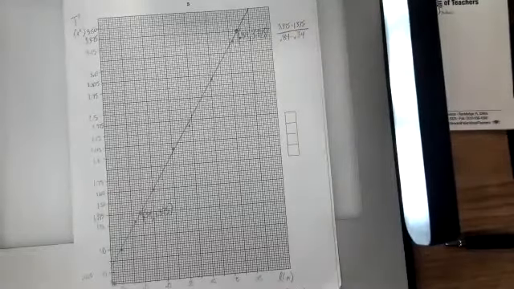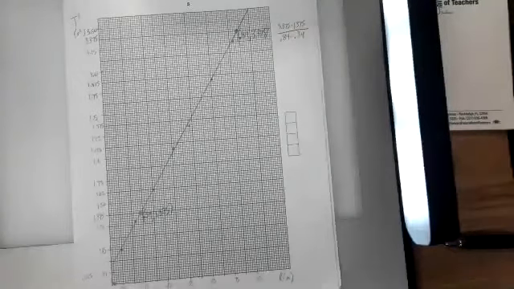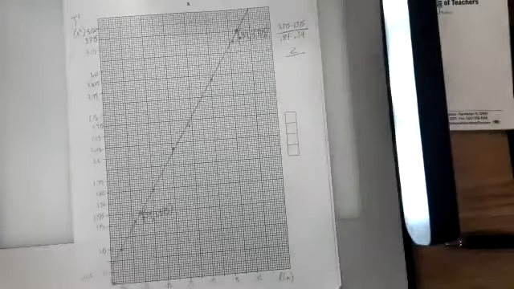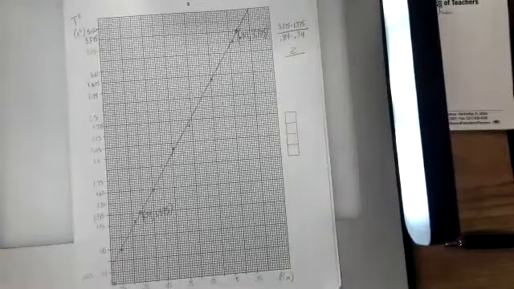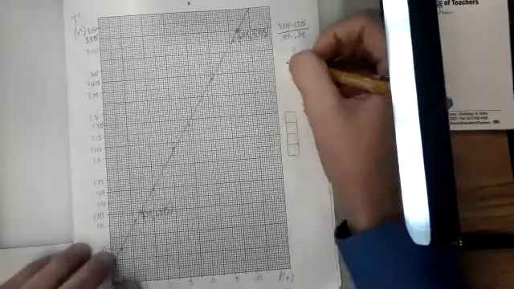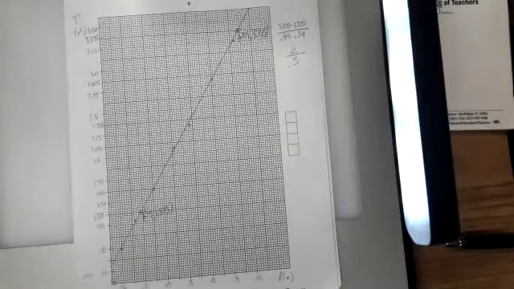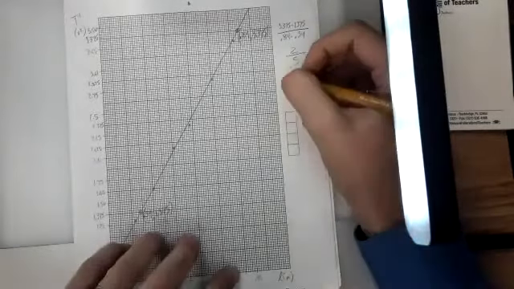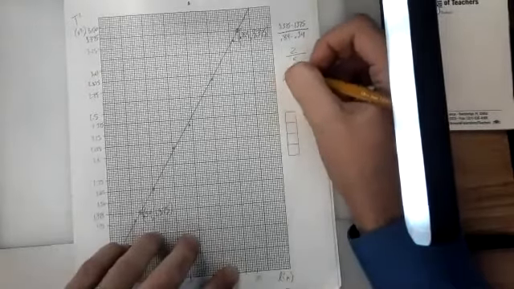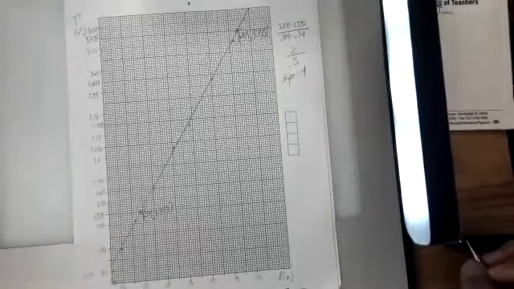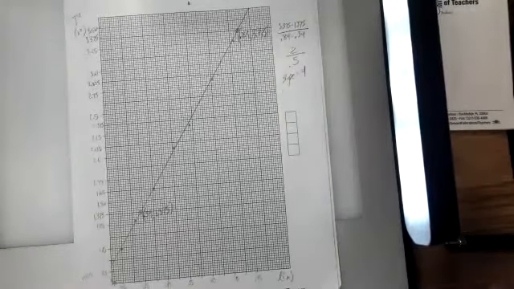So I've got 3.375 minus 1.375 equals 2. 0.84 minus 0.34 is a half. 2 divided by a half is 4, right? So my slope is conveniently enough 4 even. Okay, I happen to just get perfectly 4.